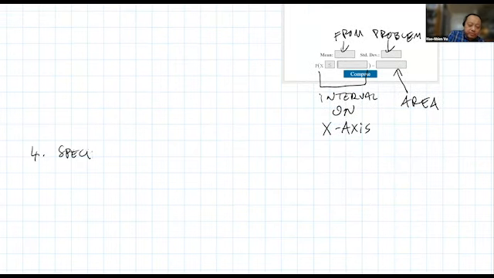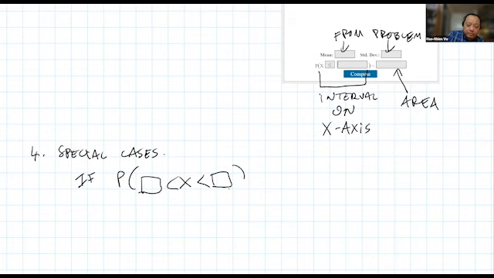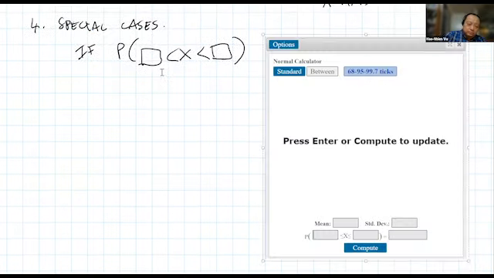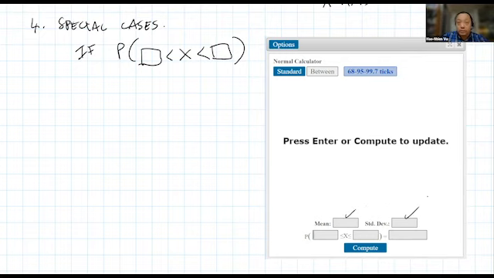Number 4 is a special case. If the question asks for the probability that x is between two numbers, then what you do is you click on the box labeled between right there. Then you fill in the mean and standard deviation from the problem.